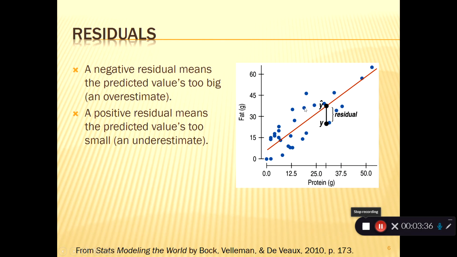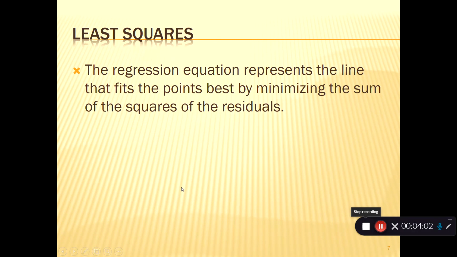Like if I look at this point right here, if I subtract the predicted value, the residual would be positive because my predicted value was an underestimate of what the actual data point is. Whereas over here it's negative, okay?